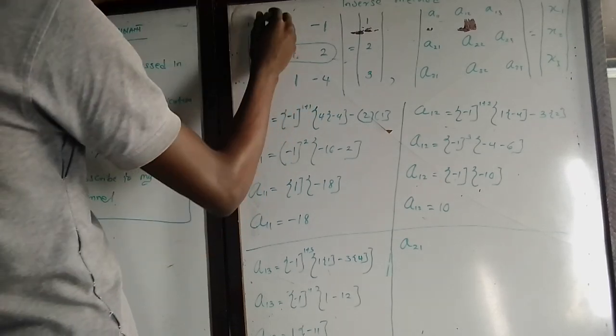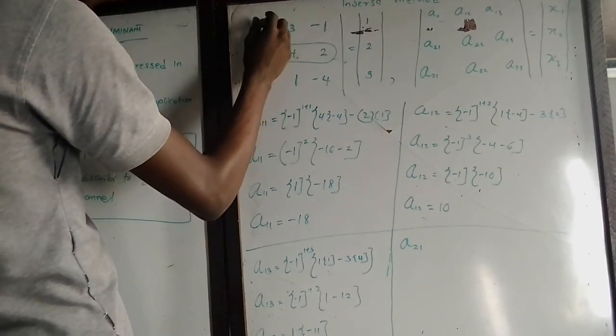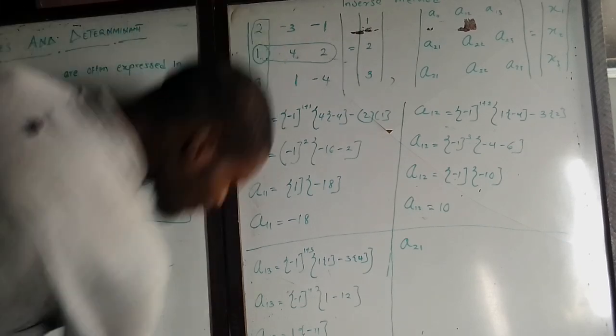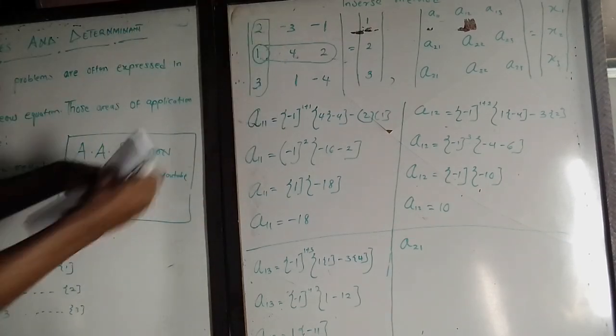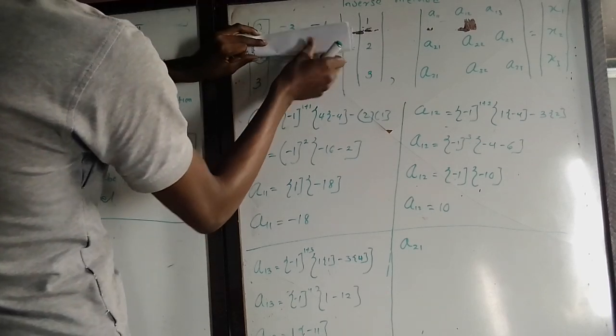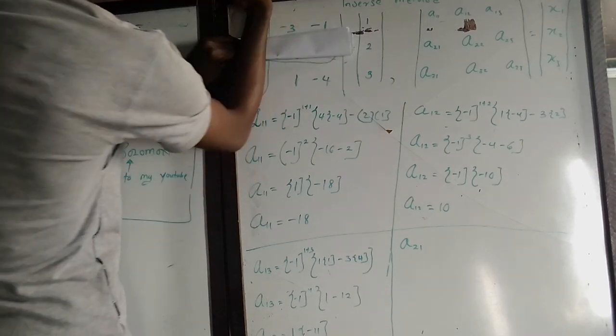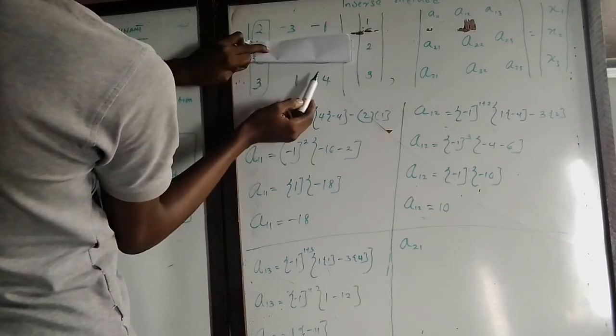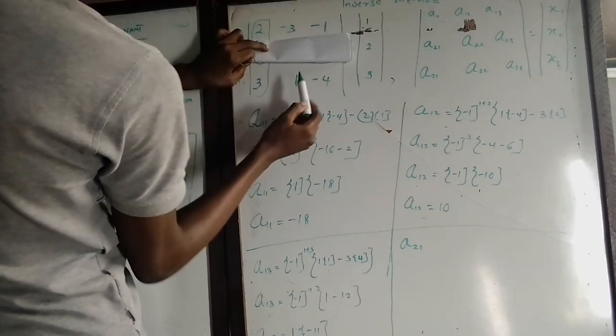Then A21 will affect everything here. Do you understand? So now our A21 is going to affect like this, then like this. So now we are having minus 3 times minus 4, then minus 1 times 1.